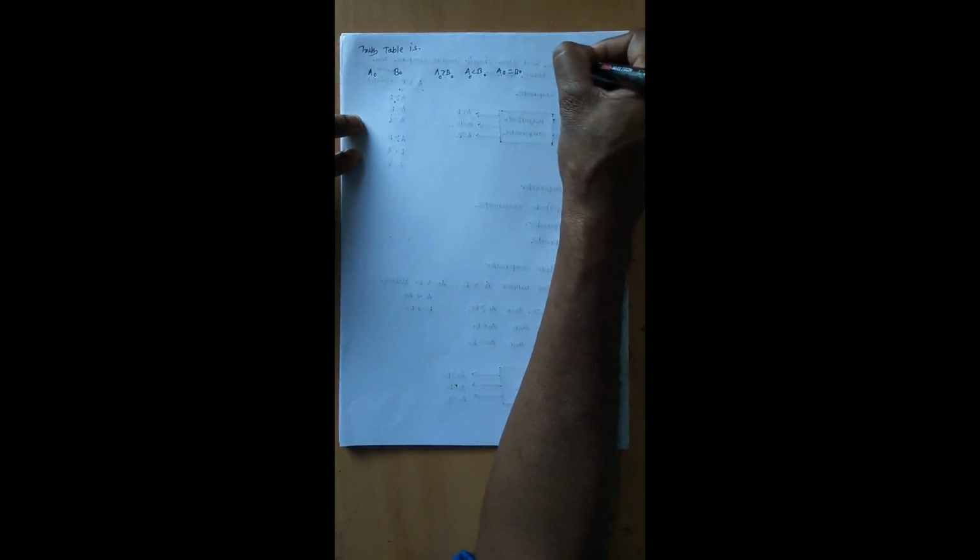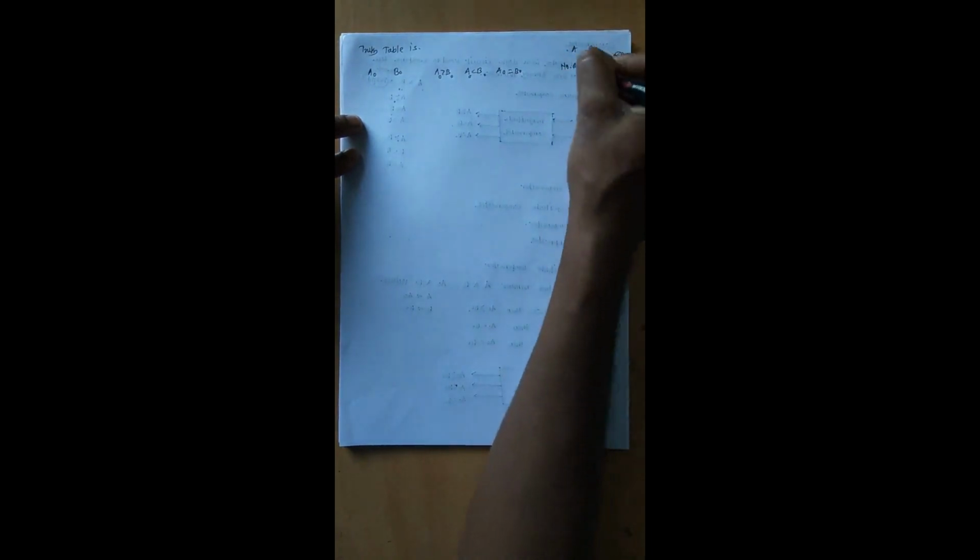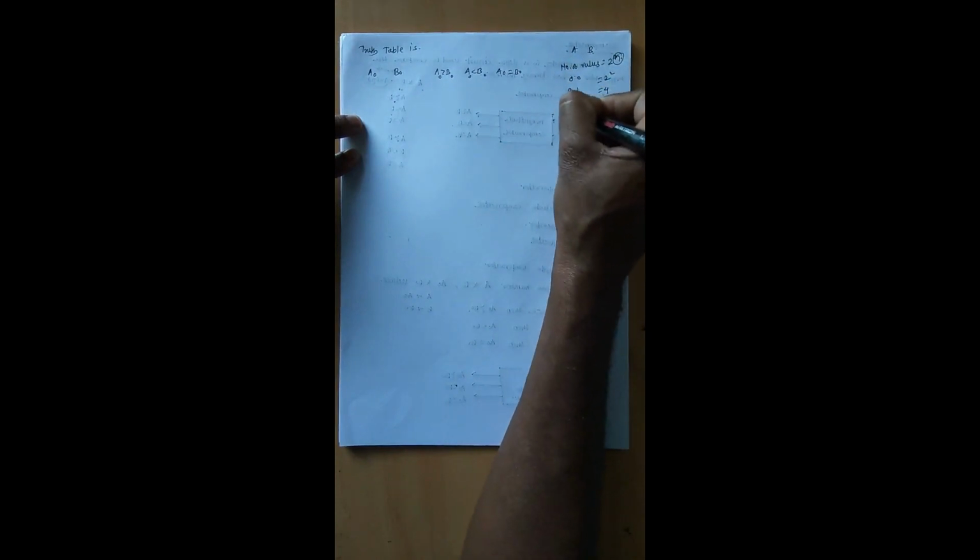There are two bits, A and B, so how many combinations are produced? Reminder of the formula: number of values is equal to 2 raised to n, where n is 2, so 2 raised to 2 becomes 4. It produces 4 different values: 0 0, 0 1, 1 0 and 1 1.